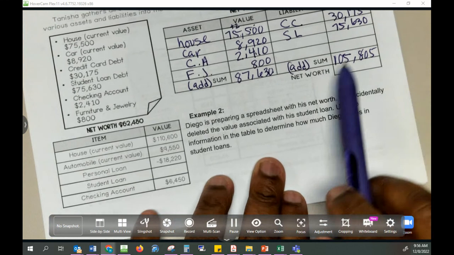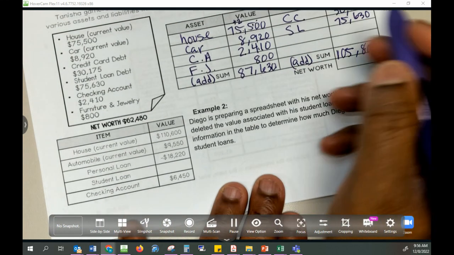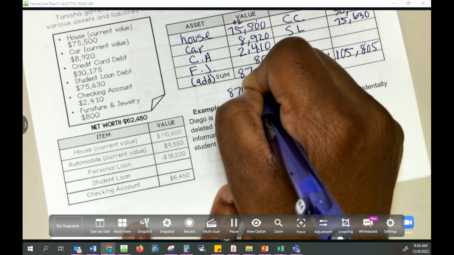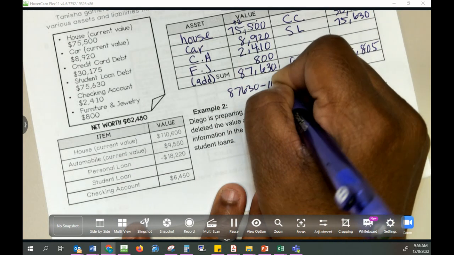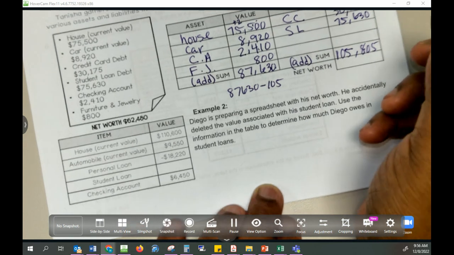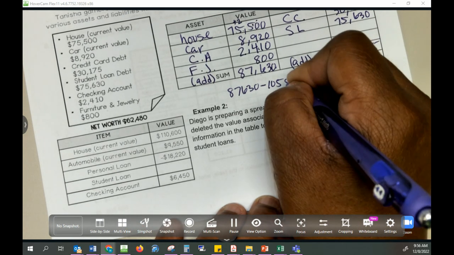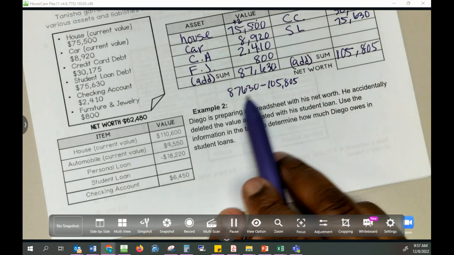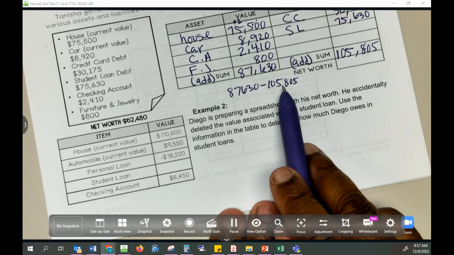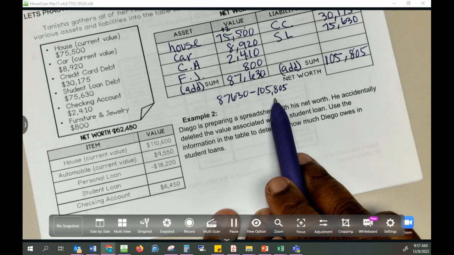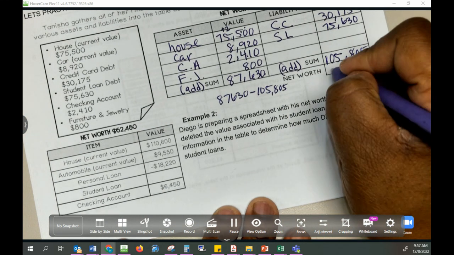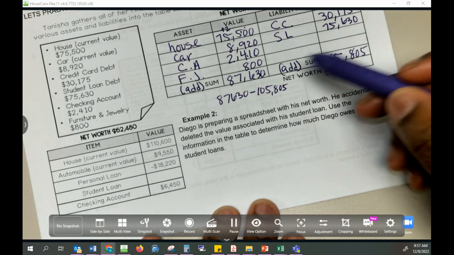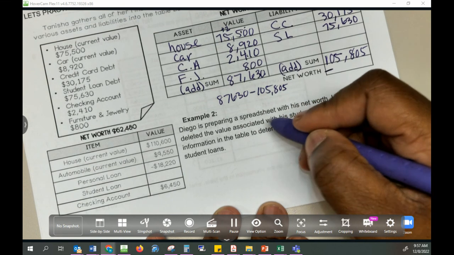So when we go to subtract these two numbers, we're looking at 87,630 minus 105,805. So we already know we're going to be a negative because our bigger number is what we're subtracting, right? So we know whatever it is going to be a negative. We can set it correctly where we're going to take the bigger number and subtract the smaller one.